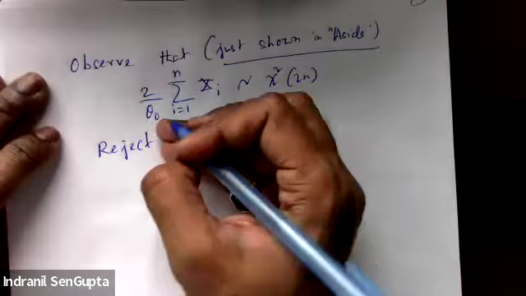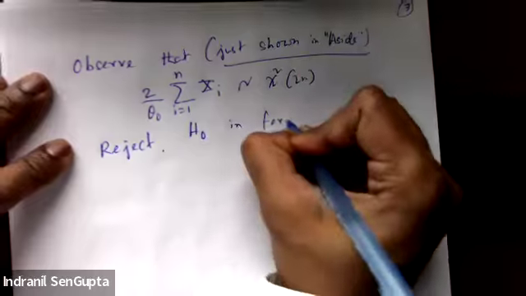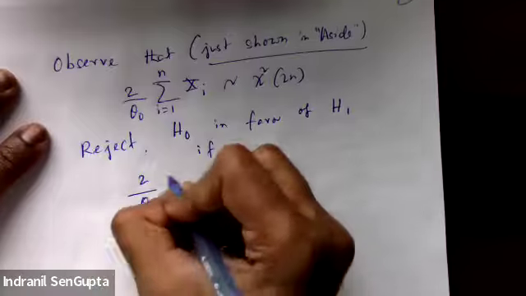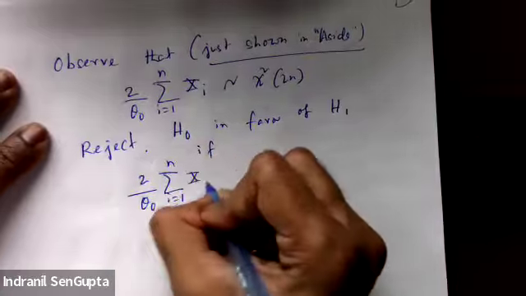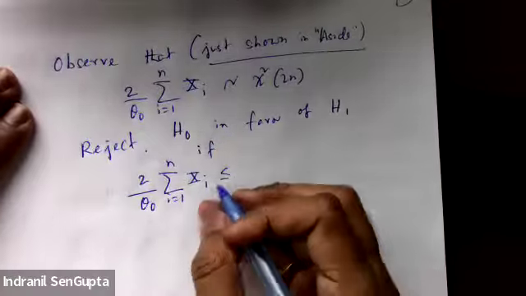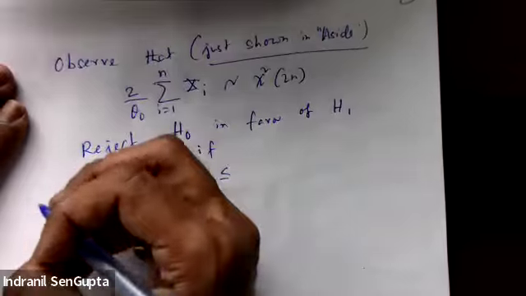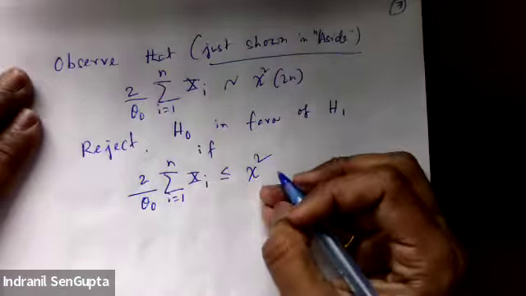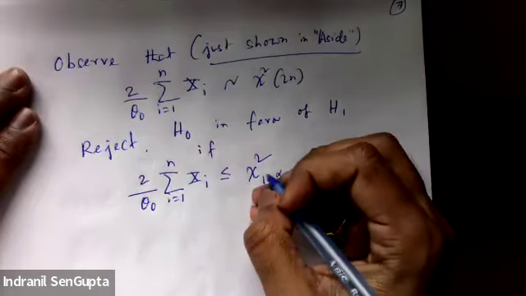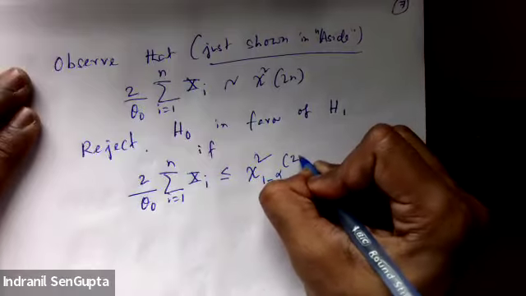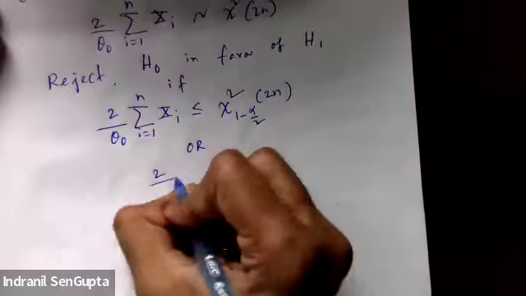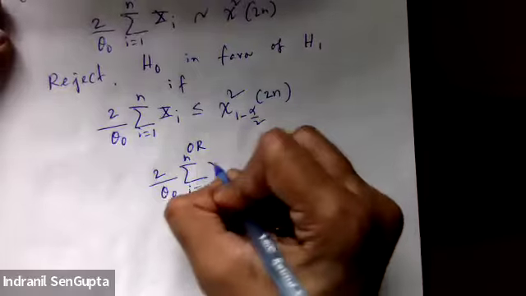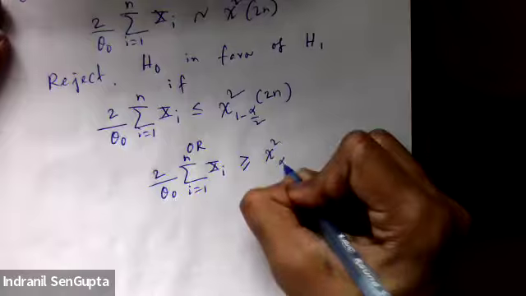So reject H0 in favor of H1 if 2 over theta 0 summation from i equals 1 to n of x_i is less than, suppose we are setting up the alpha level test, say chi-squared of 1 minus alpha over 2, 2n, or 2 over theta 0 summation of x_i is bigger than chi-squared alpha over 2, 2n.